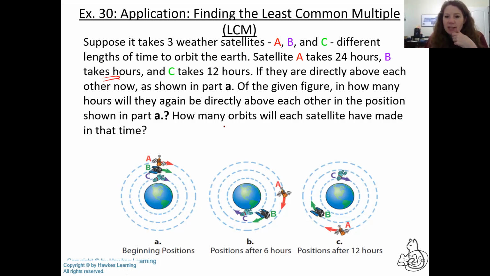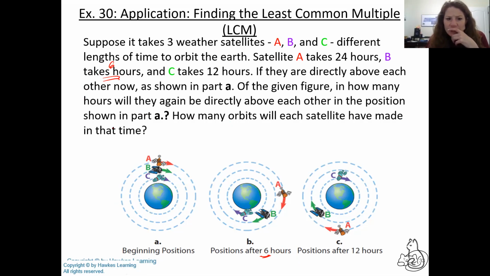If they are directly above each other now, as shown in part A of the given figure, in how many hours will they again be directly above each other in the position shown in part A? Well, I'm missing, oh, here it is right here, 6 hours. I don't know why my 6 is gone.